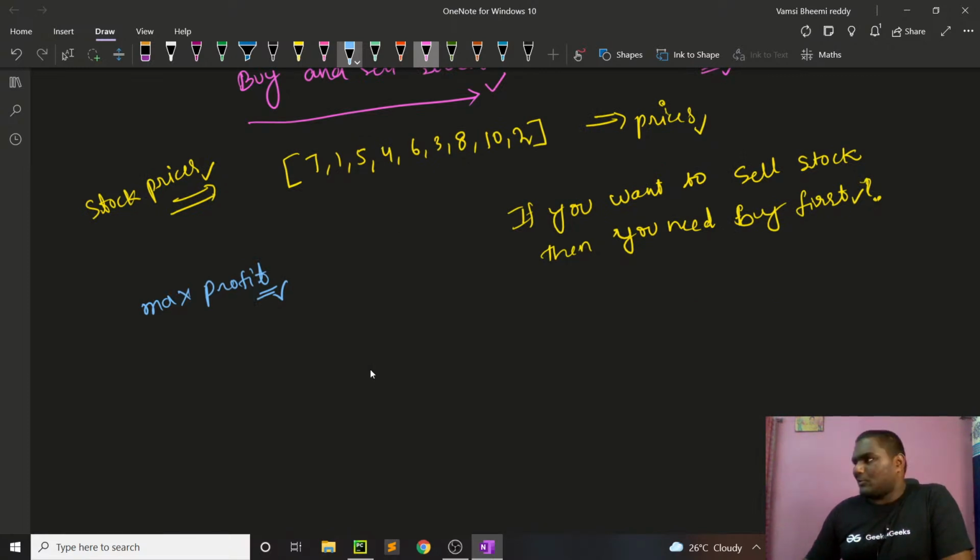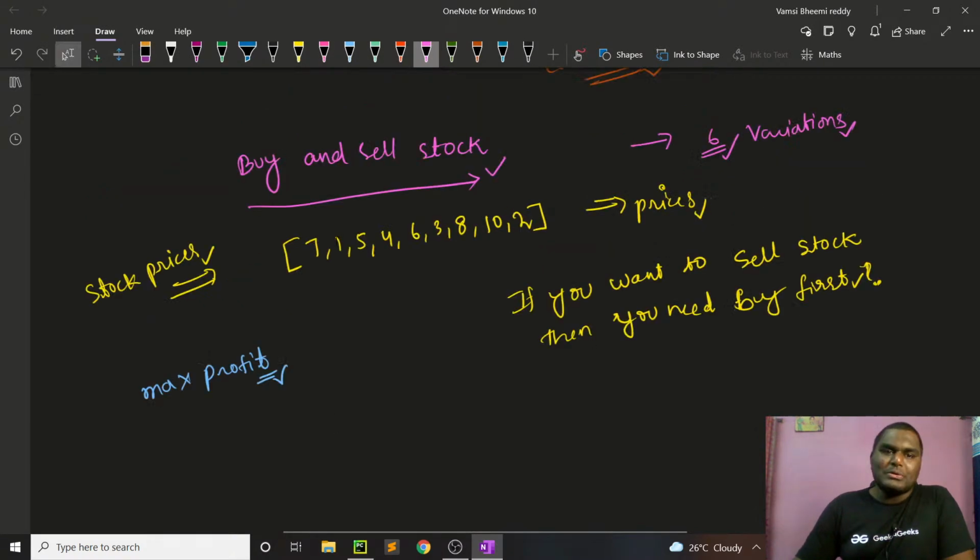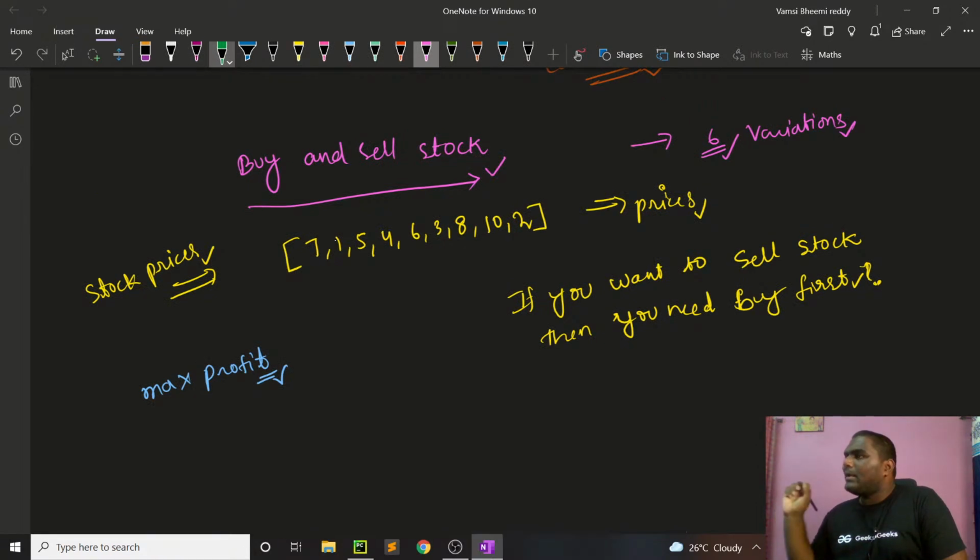If you want to sell on some day, you need to buy that stock before selling it, right? So what is the trick here? Let's say you want the maximum profit. When you buy the stock, you need to buy whenever the stock price is very low. Everyone agrees with that.